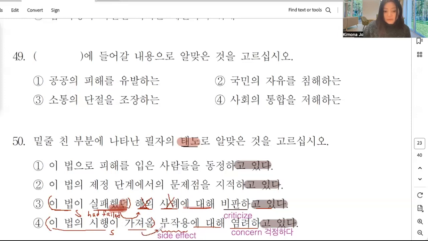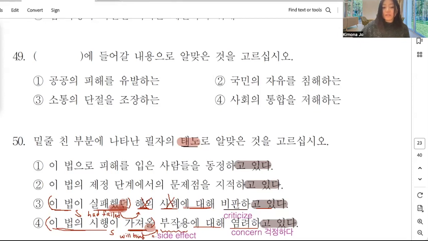So this parenthesis, likewise, it modifies the following noun, 부작용. 가져오다, bring. And it has real consonant under which is in future tense. So it will bring. The writer is concerning about the side effect that this law's enforcement will bring.